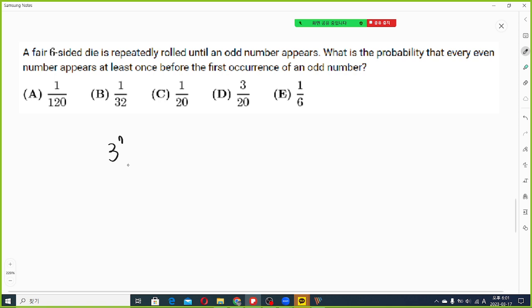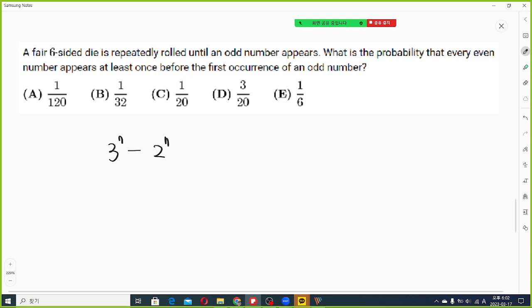But this contains the case where only two even numbers appeared. So we need to subtract this 2 to the nth power. But this 2 to the nth power also contains the case where only one even number appears.